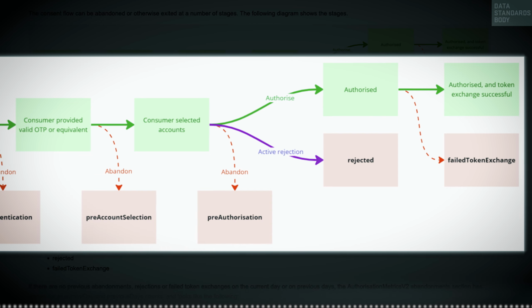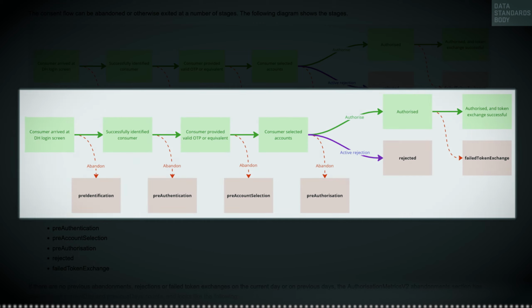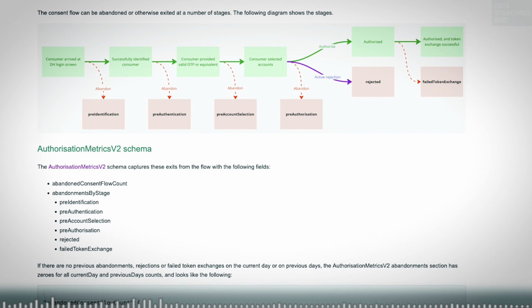For each exit, only the count for that stage and the abandoned consent flow count are incremented. Counts for stages other than the exit stage are not incremented.